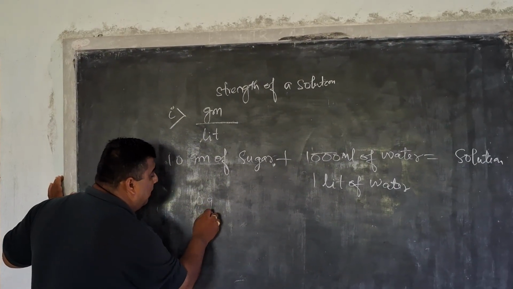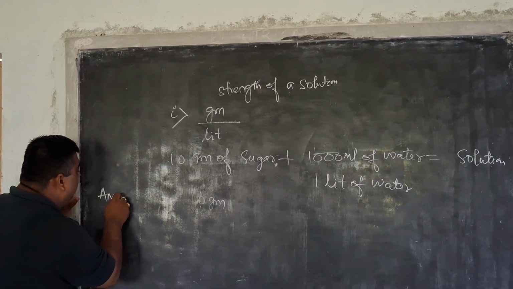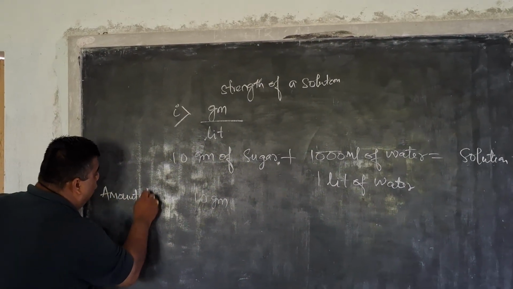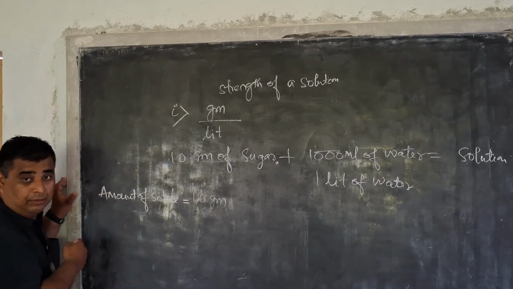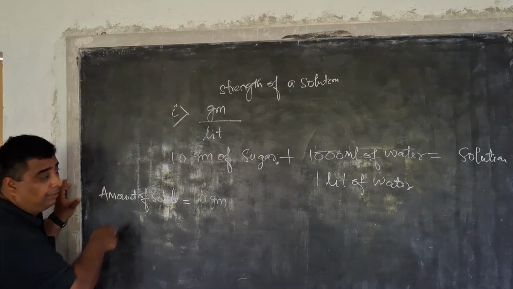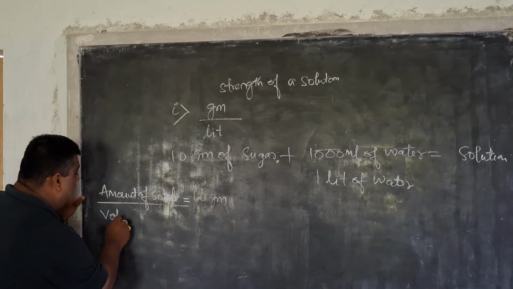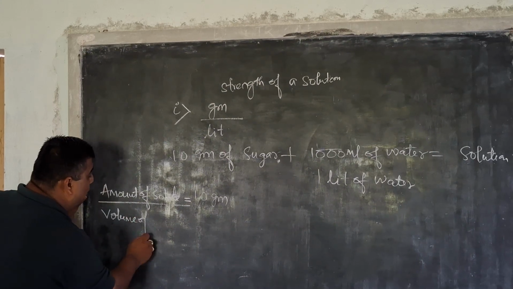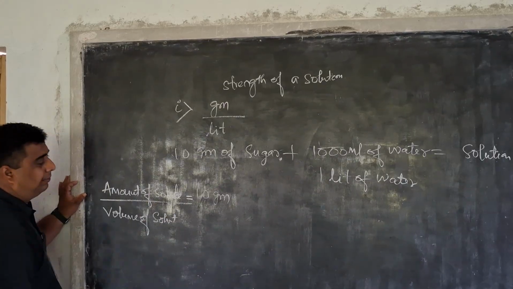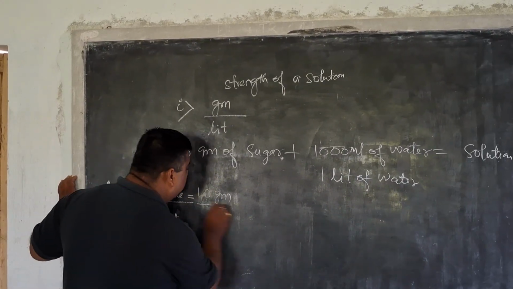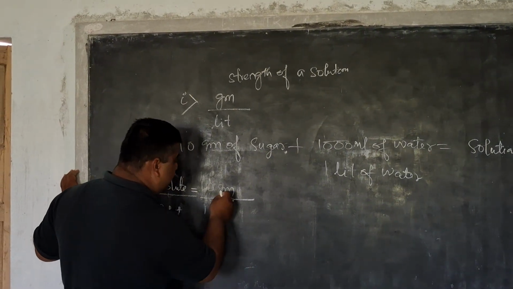See, now the amount of solute. You will write amount of solute, and the amount of solute is equal to how much? 10 gram, divided by the volume of solution. What is the volume? 1 liter of water.